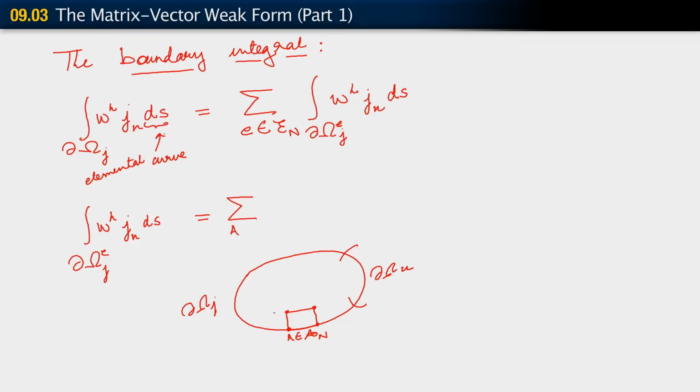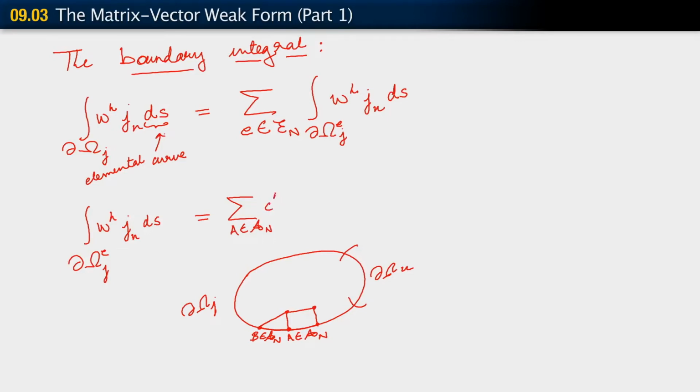Likewise, if right next to it we were to have a triangular element, and this is possible in a finite element mesh, then that would also be B, also belonging to A sub n.